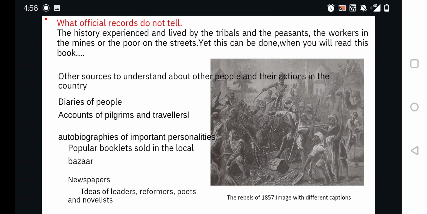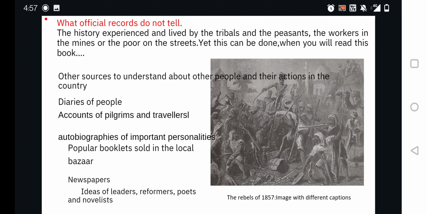So we got to know about these from oral sources, plus from different sources like the diaries of people, then the accounts of pilgrims, the people who used to travel for religious purposes. Travelers who used to come to India would observe and write their travelogues, plus autobiographies of important personalities. They used to write about their life and the surroundings, whatever happened to other people during their life span.